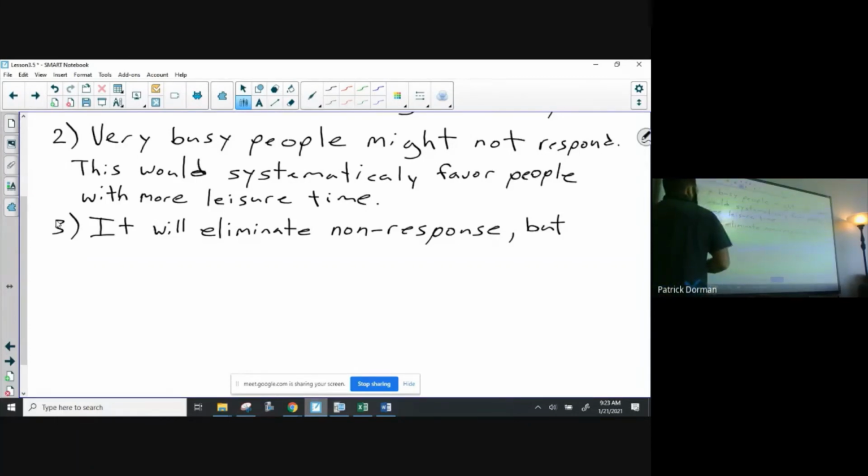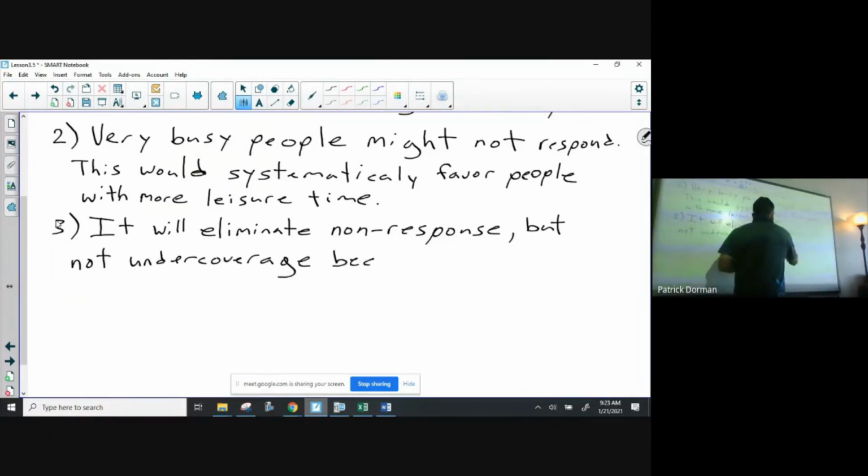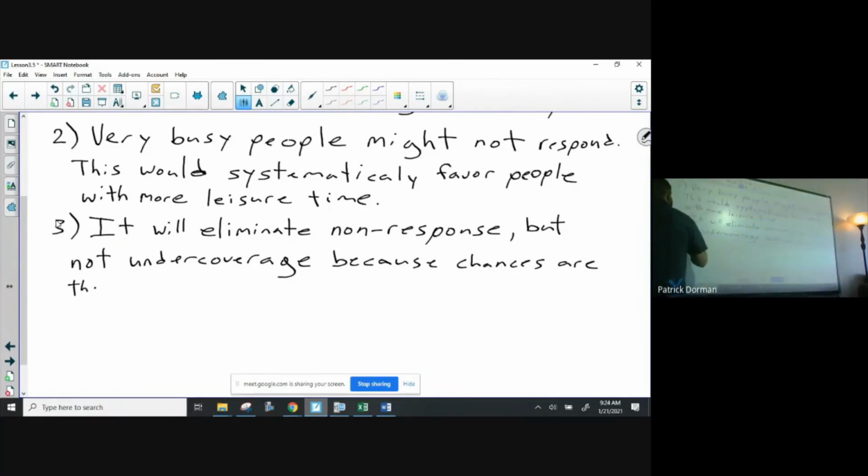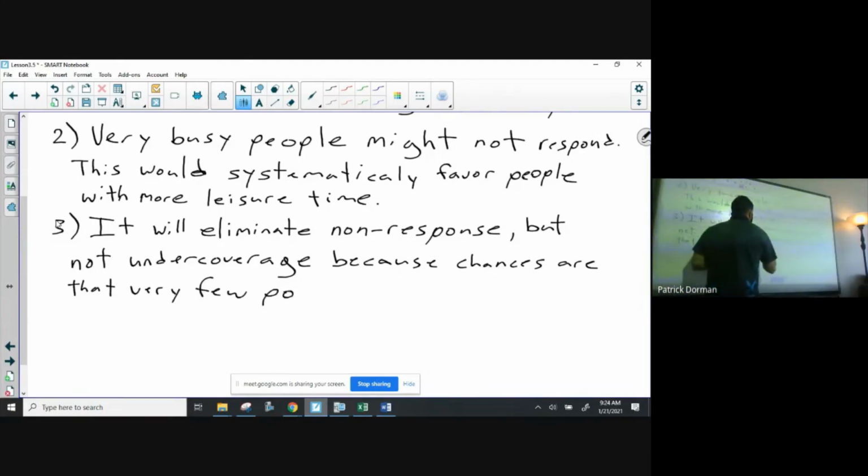So we'll eliminate non-response, but not undercoverage. So probably very few poor people got the ballots in the first place.